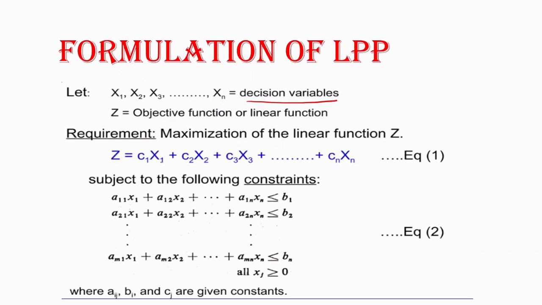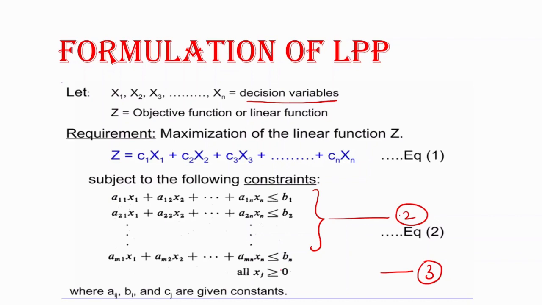So Z is equal to C1x1 plus C2x2 plus C3x3 up till Cnxn, which is our objective function, and it is denoted by equation 1. Subject to the following constraints. So all of these are the constraints, where Aij, Bi, and Cj are the given constants. This one is very important, the third equation. These are the second equation, as you can see.